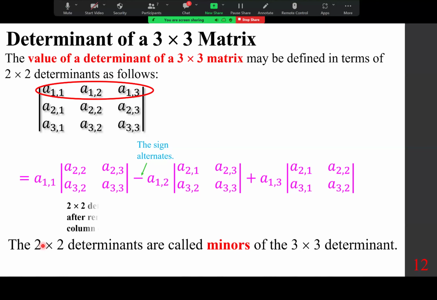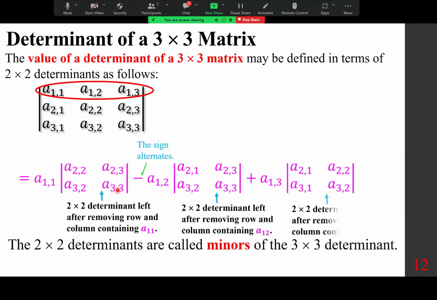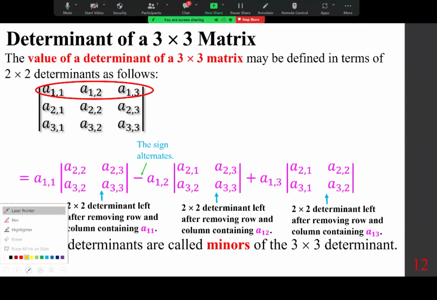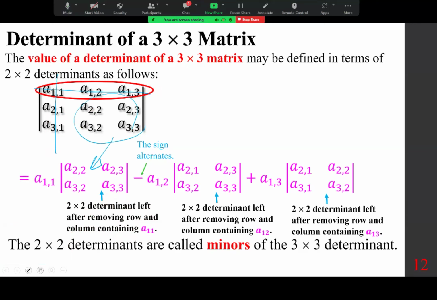Now, what are we dealing with here? This is a 2 by 2 determinant left after removing row and column containing A11. So you remove this row, you remove this column. So just this one again, you're left with this. That's what they're referring to. What is this?